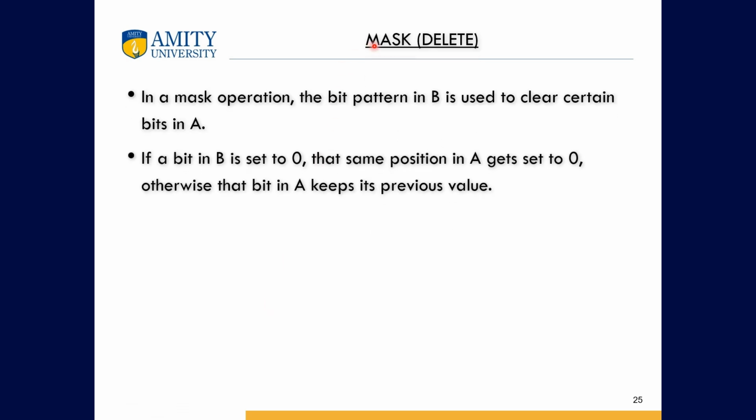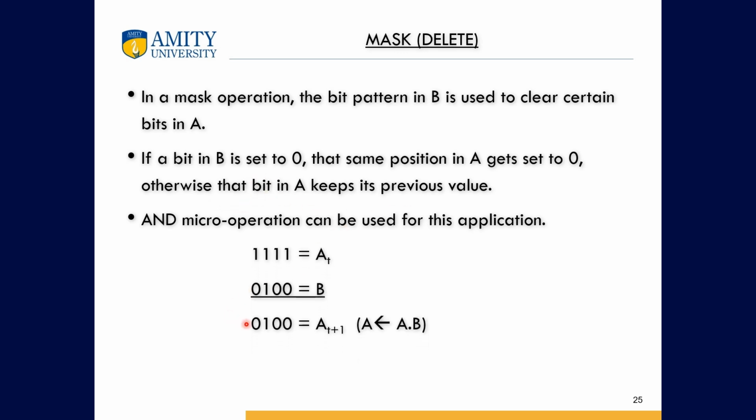The mask function, also known as delete function, is the one where the pattern in B is used to clear certain bits in A. If a bit in B is set to 0, the same position in A gets set to 0. Otherwise, the bit in A keeps its previous value. So over here we can see that when B is set to 0, A gets set to 0 as well.